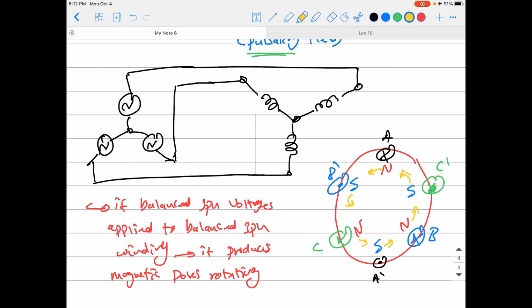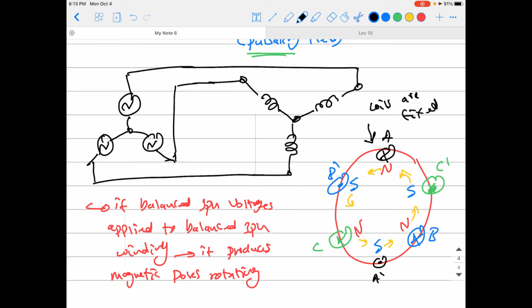If you have just a three-phase winding like what we have here in the stator of our synchronous machine, and we supply it from a three-phase supply, it will produce magnetic poles, north and south poles like this, but they will not be fixed in position. These poles will be rotating, okay? Keep that in mind. The coils themselves are fixed.